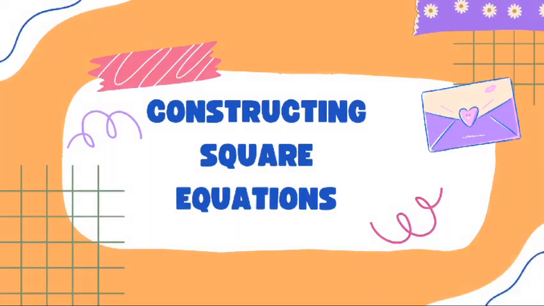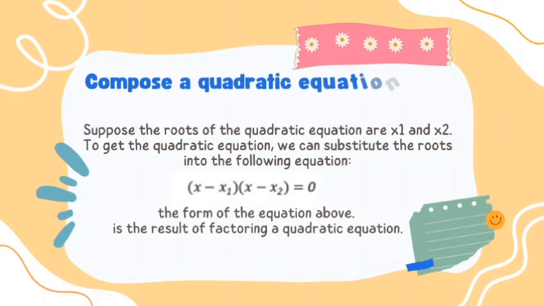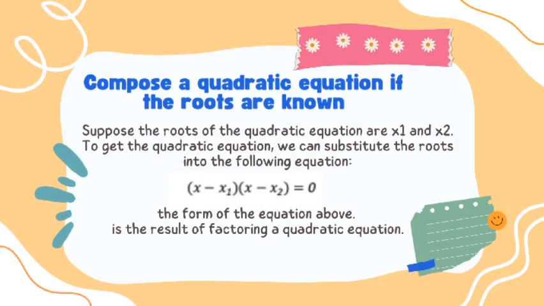Next, constructing quadratic equations. Constructing a quadratic equation is divided into two cases. The first is composing a quadratic equation if the roots are known. Suppose the roots of the quadratic equation are x1 and x2.